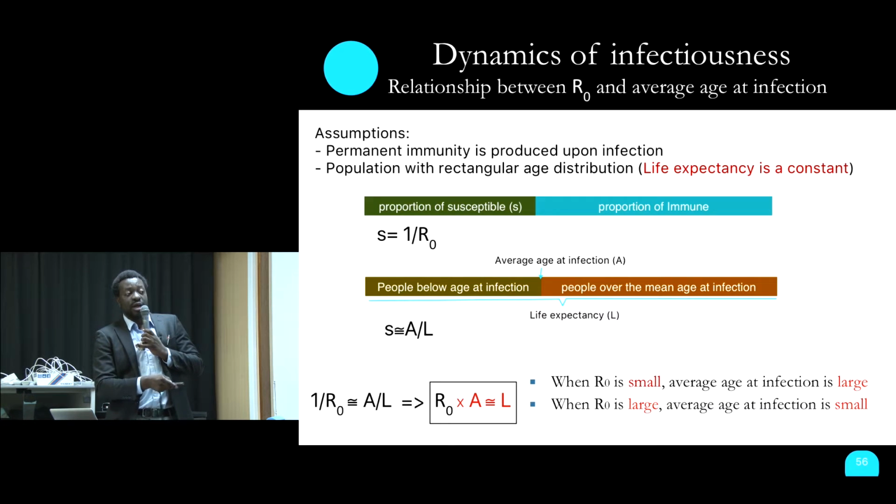If R naught is large, in order to keep life expectancy the same, the average age at infection will become low. Technically, this means that with an infection with a very high reproductive number, people get infected at a lower age. And if the infection has a very small reproductive number, people get infected at a much later age.